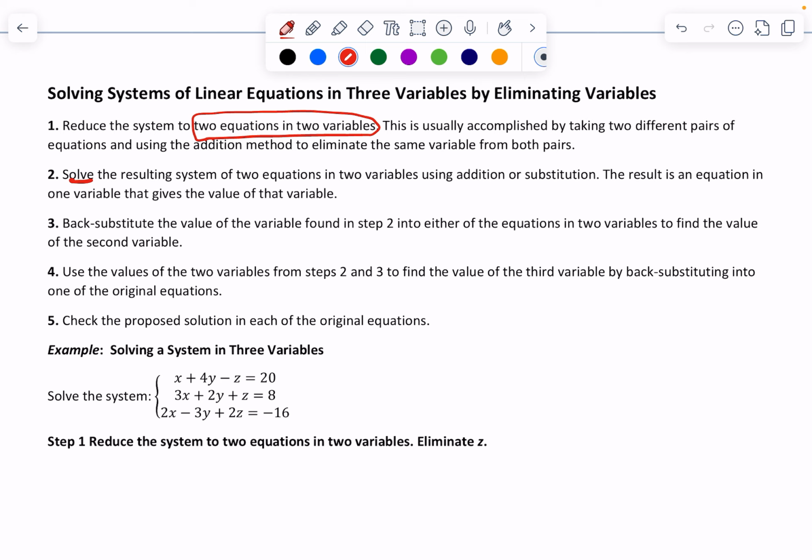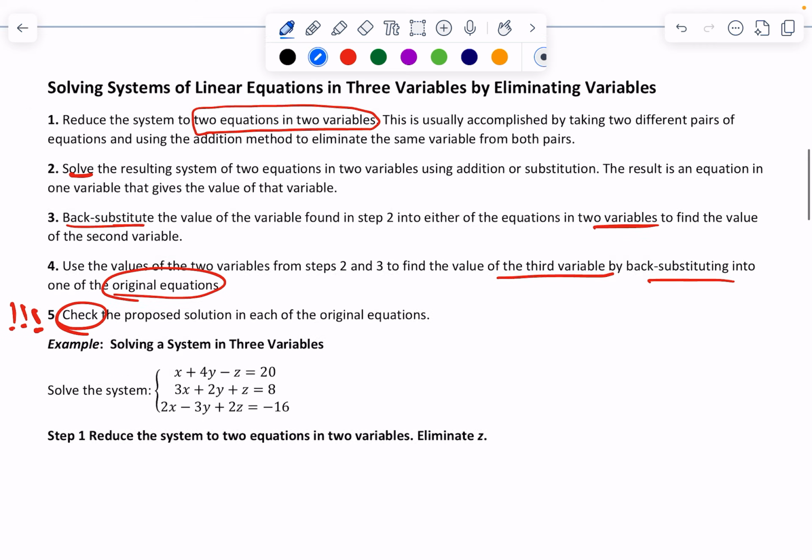The result is an equation in one variable that gives the value of that variable. Step number 3, we back substitute the value of the variable found in step 2 into either of the equations in two variables to find the value of the second variable. And step number 4, use the values of the two variables from steps 2 and 3 to find the value of the third variable by back substituting into one of the original equations. And then, of course, number 5, check, check, and check.